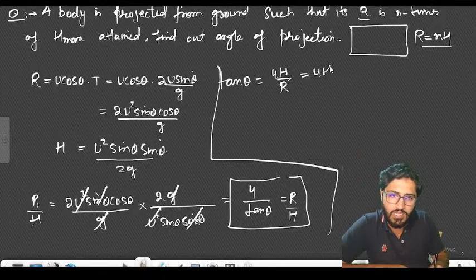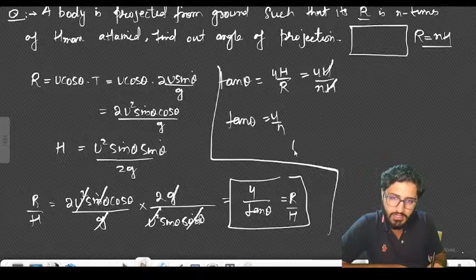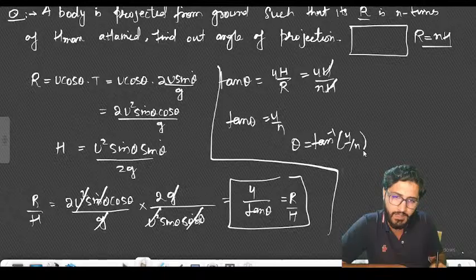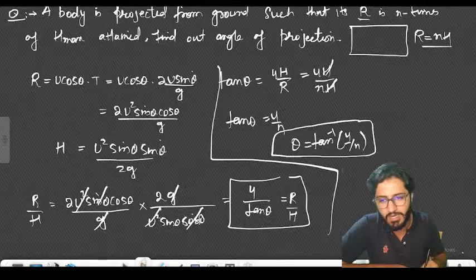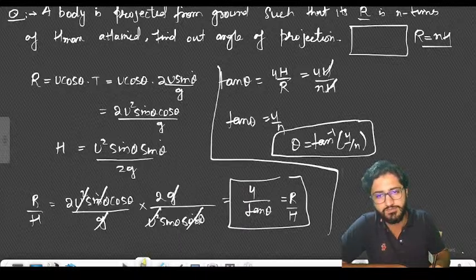I can write 4h divided by nh. Cancel out. So my tan theta came out to be 4 by n. Theta equals tan inverse 4 by n. This is my answer.